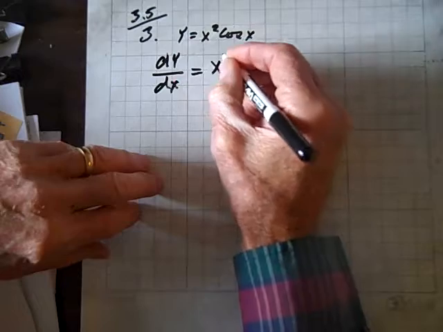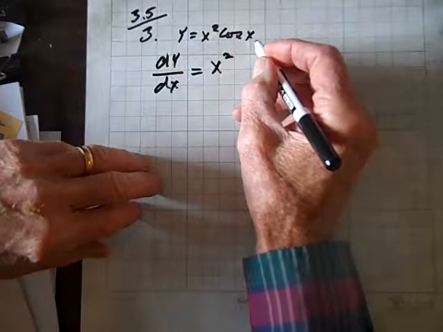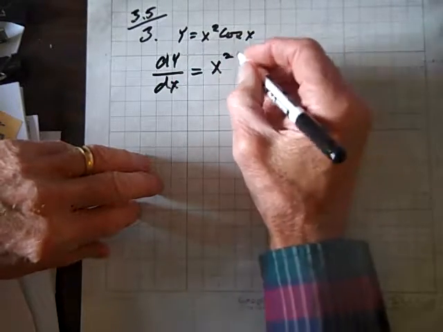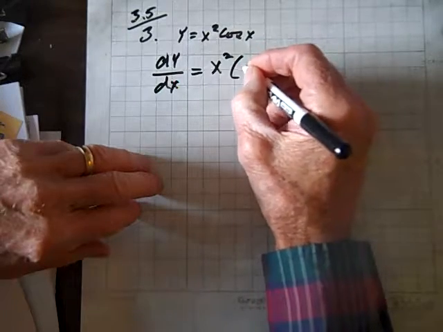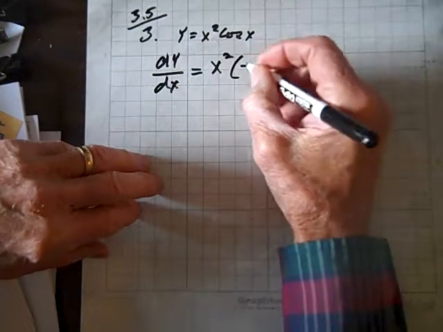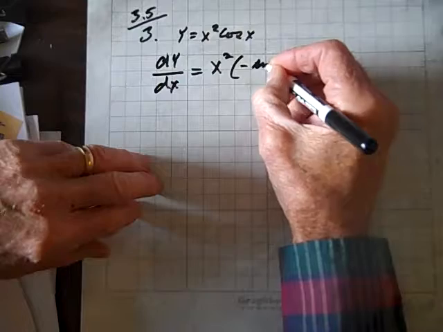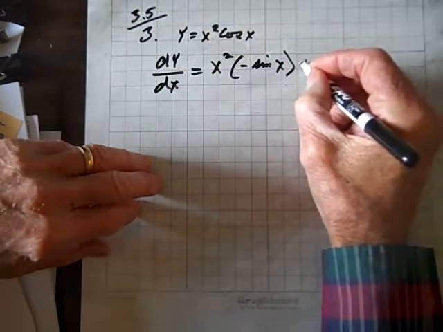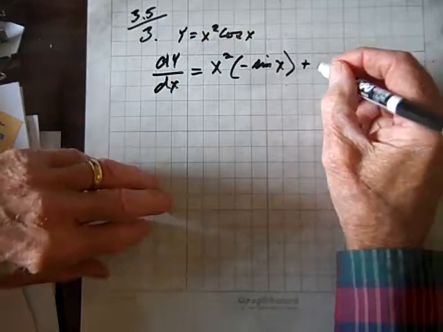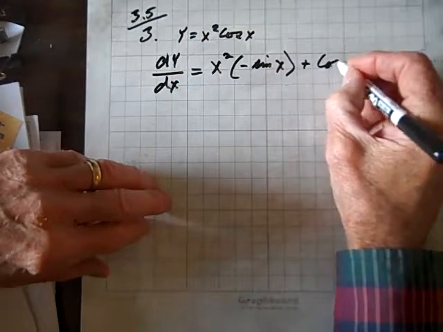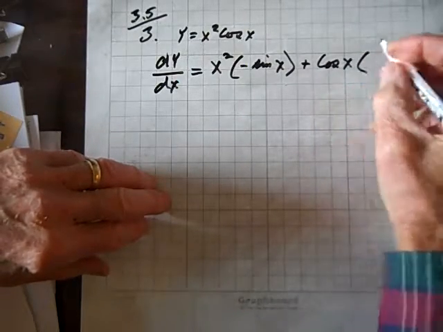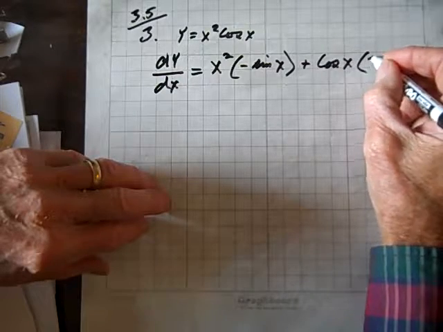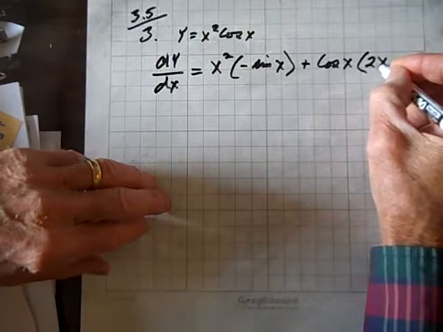We'll hold x squared constant, take the derivative of cosine of x, but the derivative of cosine of x is minus sine of x. And now we'll hold plus, and so we'll hold cosine of x constant, and we'll take the derivative of x squared, but by the power rule, that's 2x.